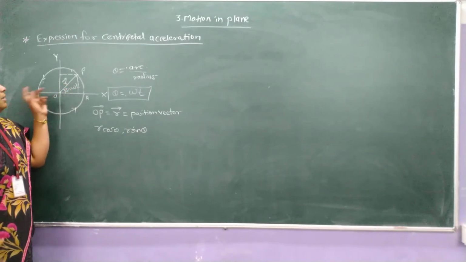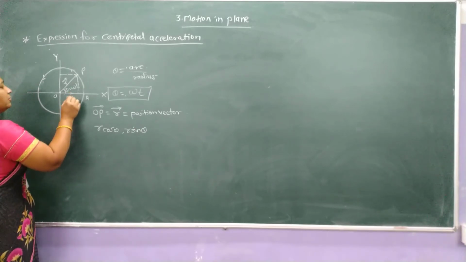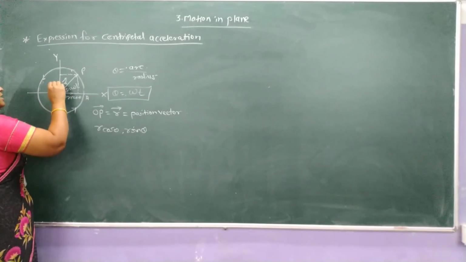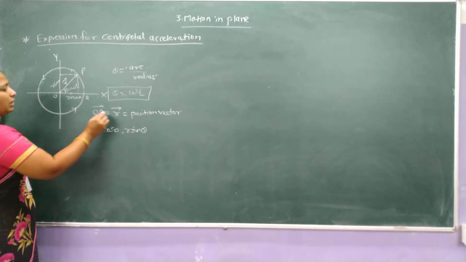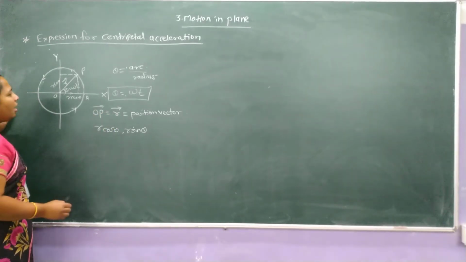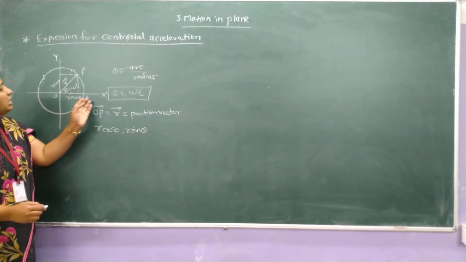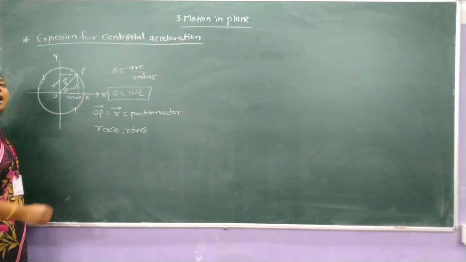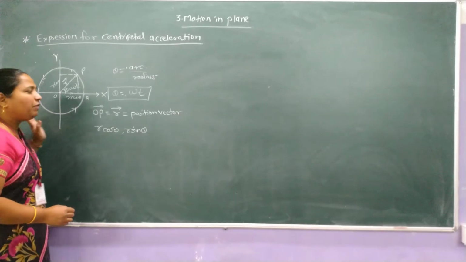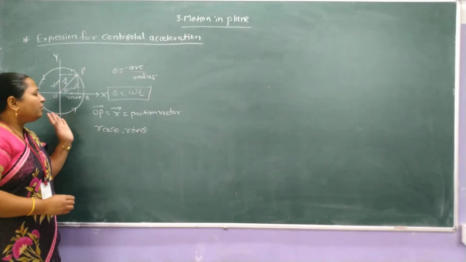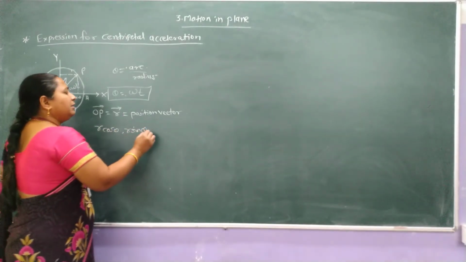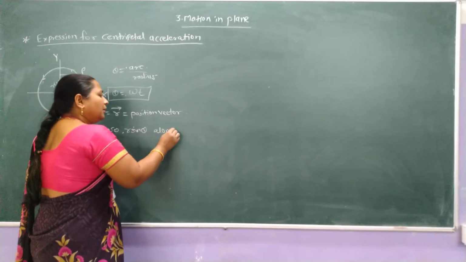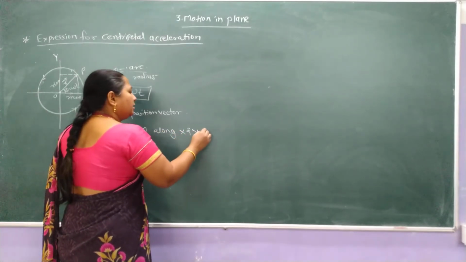The position vector can be written with r cos theta along the x-axis. The unit vector along the x-axis is denoted by i vector. So we have r cos theta and r sin theta along the x and y axes.